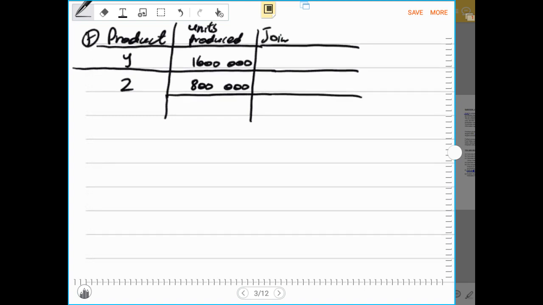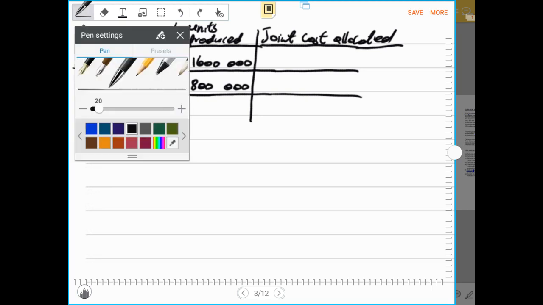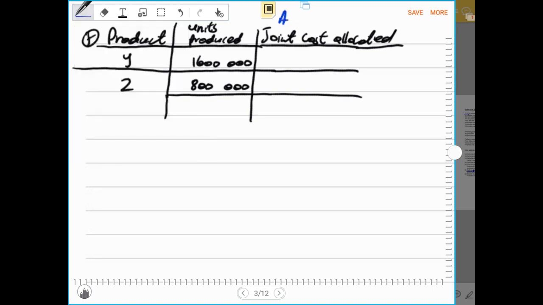Then we say joint cost allocated, or you can add on top and say adjusted joint cost allocated, so that whoever is doing the marking will know that you are working with the adjusted joint cost, because joint cost had to be adjusted before they are allocated to the two main products Y and Z.